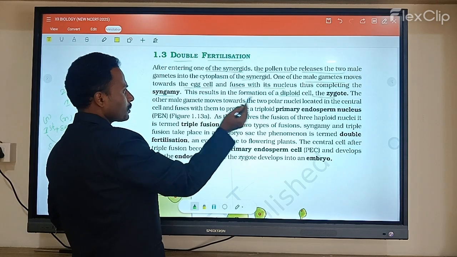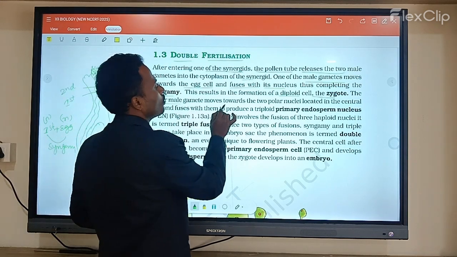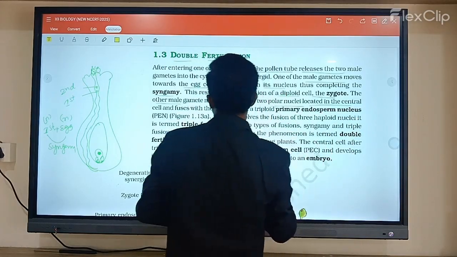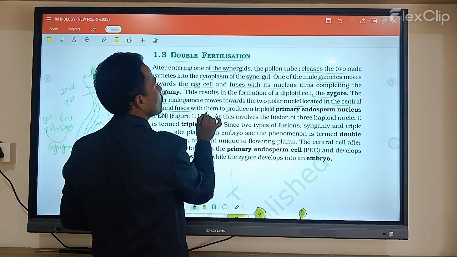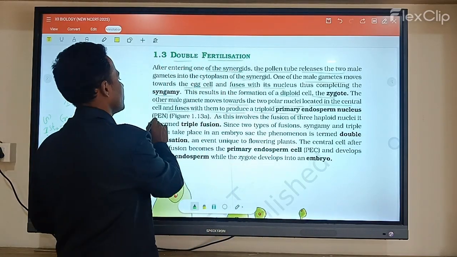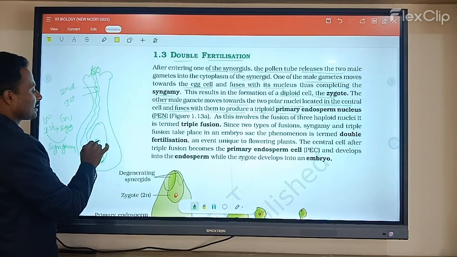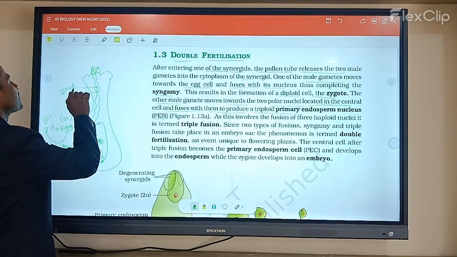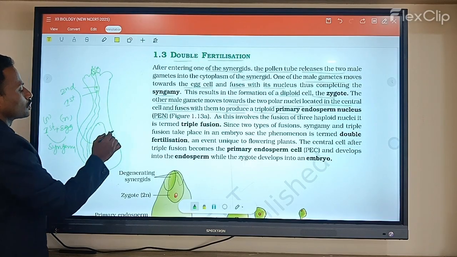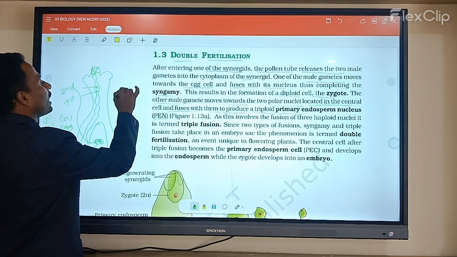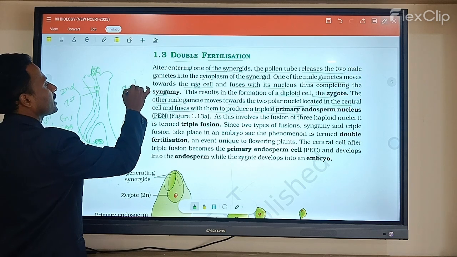Next, the other male gamete moves towards the polar nuclei located in the central cell and fuses with them, producing the triploid primary endosperm nucleus, that is PEN. The central cell has two polar nuclei, and the second male gamete fuses with them.